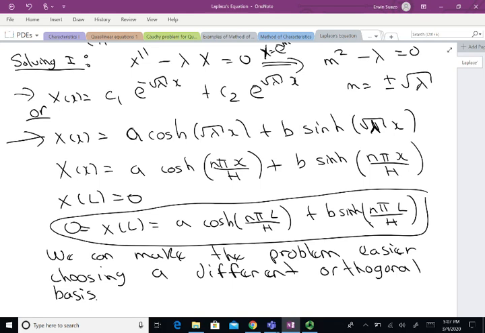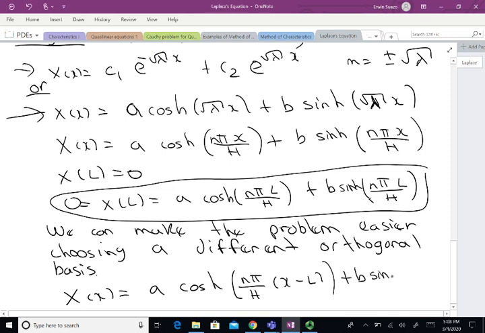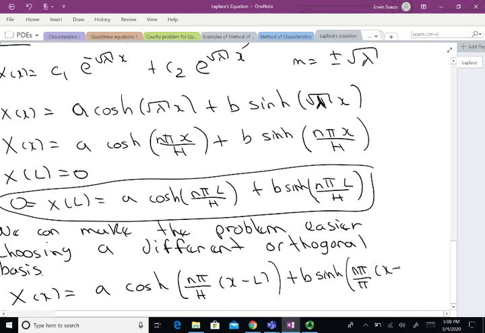We're going to choose the solution x of x equals a cosine hyperbolic of n pi over h times (x minus L), and then plus b sine hyperbolic of n pi over h times (x minus L).